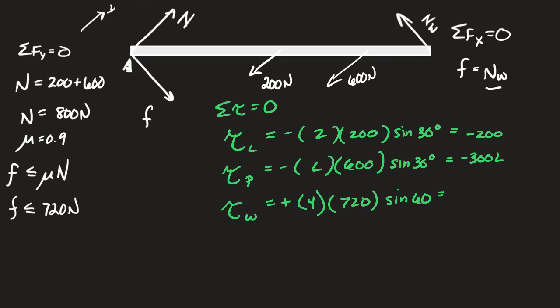So, if my multiplication is right, 4 times 720 is going to be 2880 times a sine of 60, 86% of that. Now, this has to sum to be equal to 0.